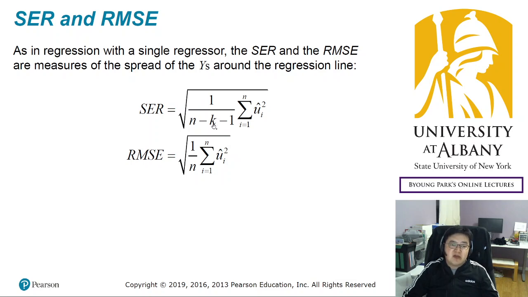So the number of regressors and the intercept is the denominator, and then of course the square root makes this into a standard deviation. But root mean squared error, according to the authors, uses only n. It does not depend on the number of regressors.